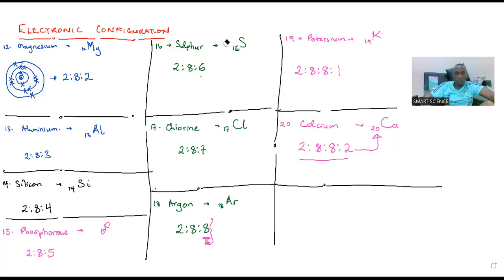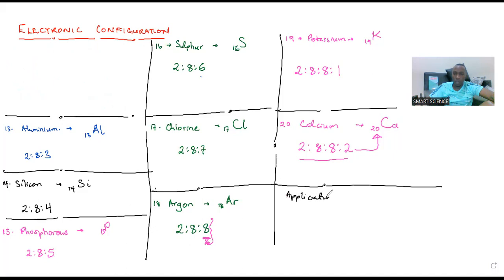Now, where and when do we use electronic configurations? How do we apply the knowledge of electron configurations in the study of chemistry?